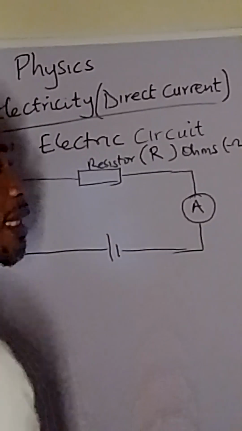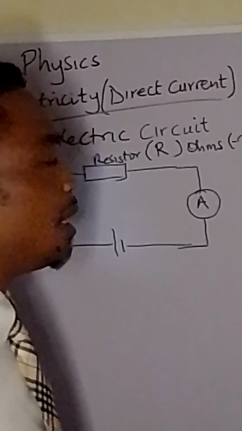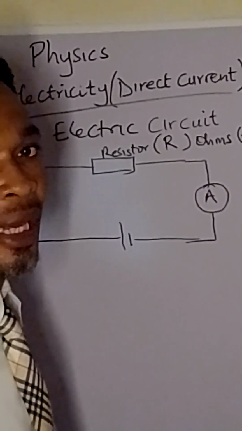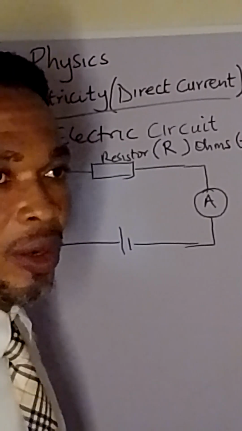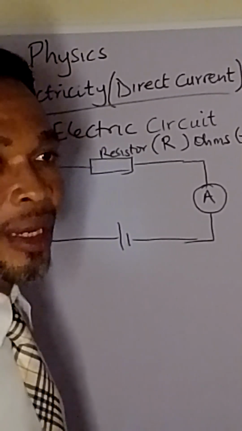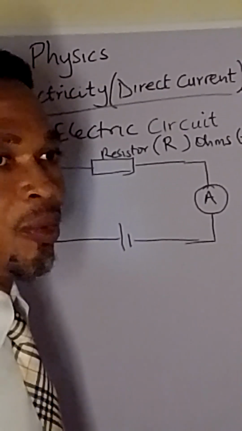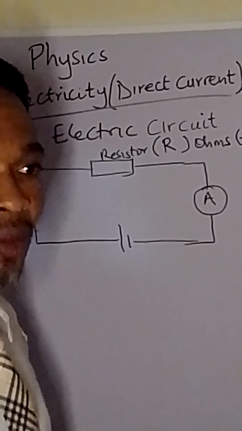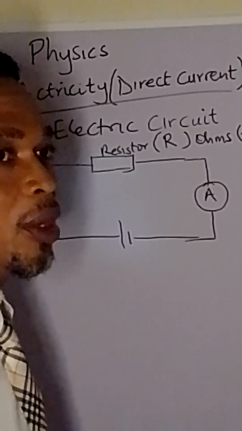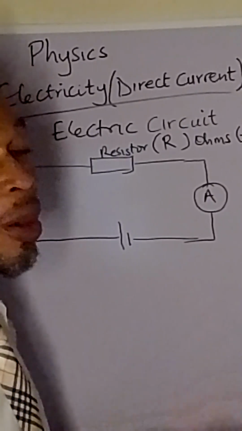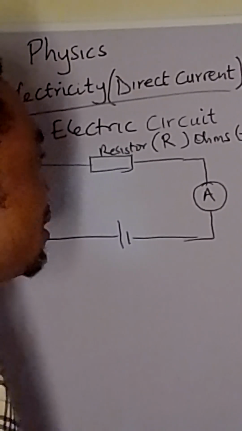Now the capital letter A here is showing that an ammeter is connected. What is an ammeter? An ammeter is an instrument that measures electric current. Just like we use a thermometer to measure temperature, we use an ammeter to measure the quantity of current that flows in the circuit.